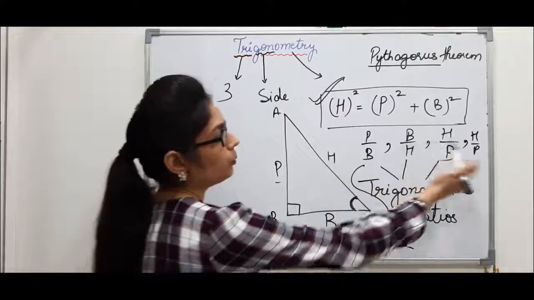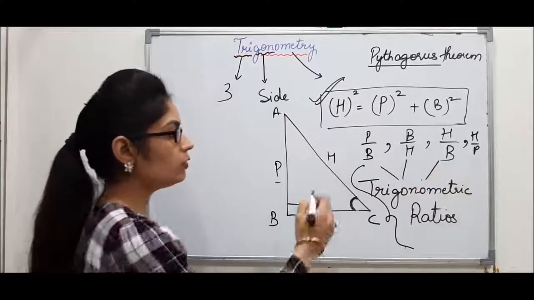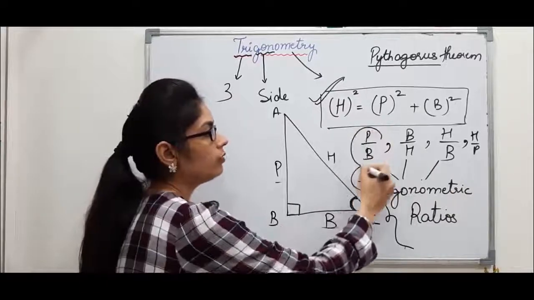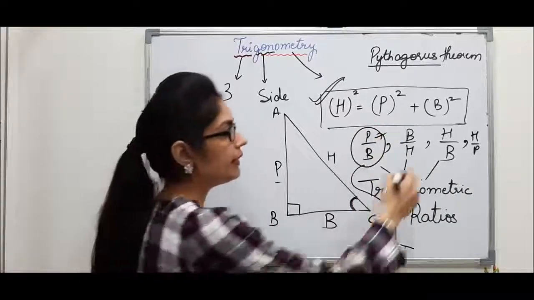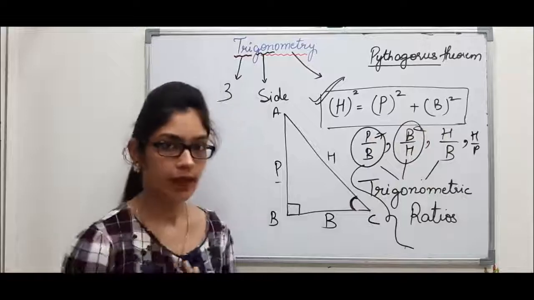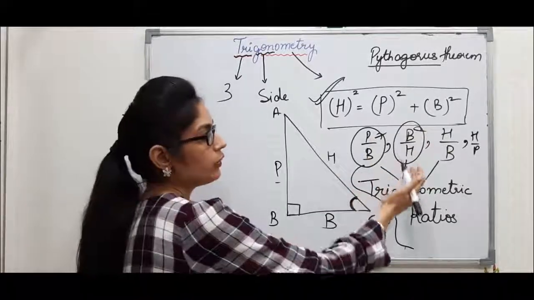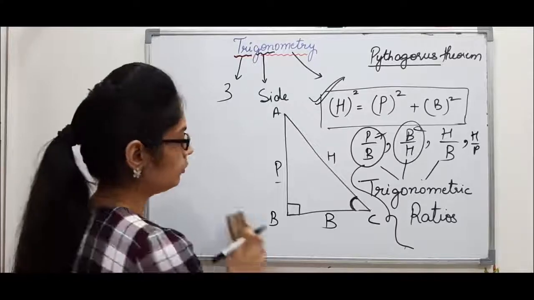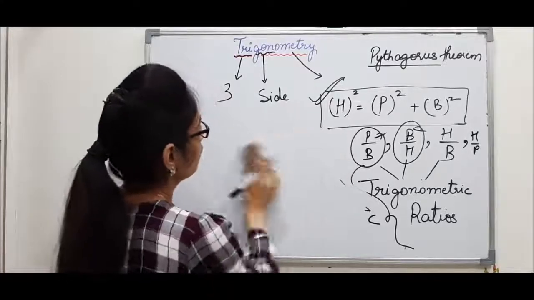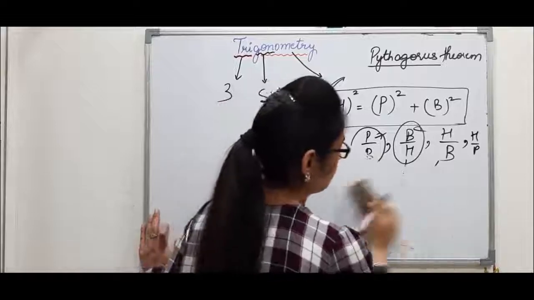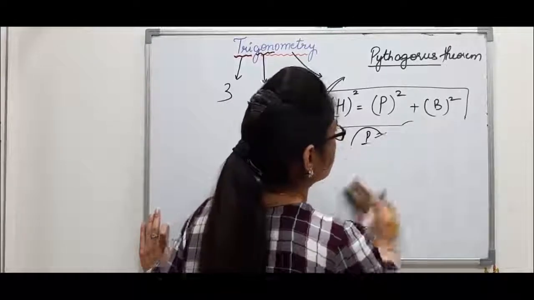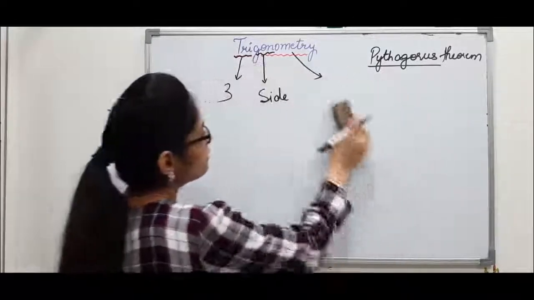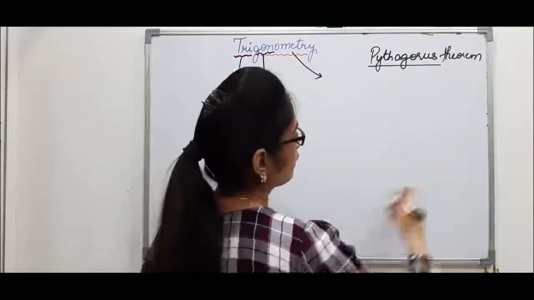You can see so many I have written. Here we have a specific name for each of the ratios, like we have our own names. In the same way each ratio has a specific name. So let's study those names now. We have six trigonometric ratios.